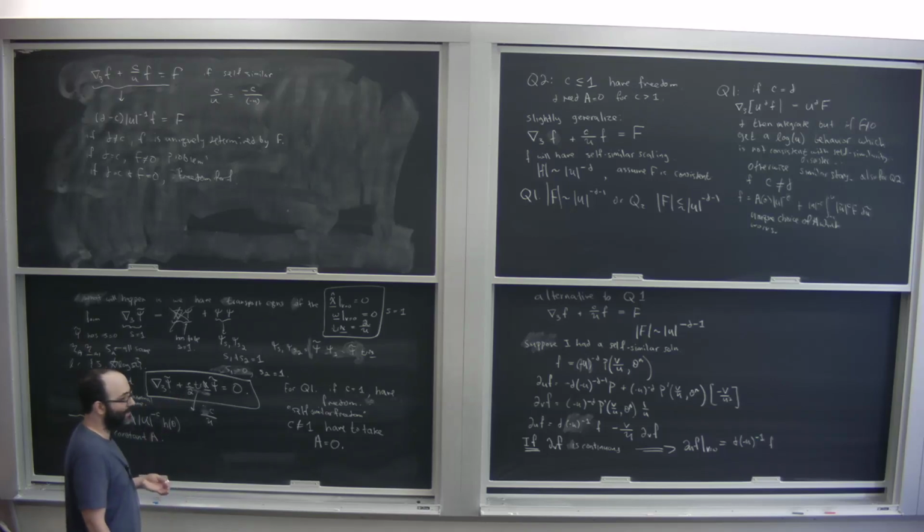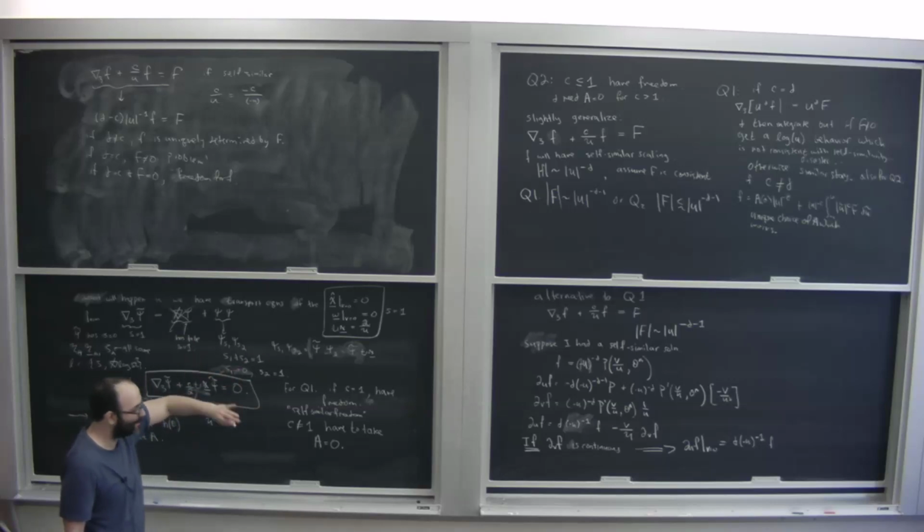I mean, maybe it's worth saying, for example, if you're in the analytic category, so if your data is analytic, you could try to just sum the series. And in fact, that works. If you look at what Fefferman and Graham did, they do this, some versions in higher dimensions. They work in a different gauge, but whatever. They compute formal series, and in particular, if you're analytic, you can just sum it.